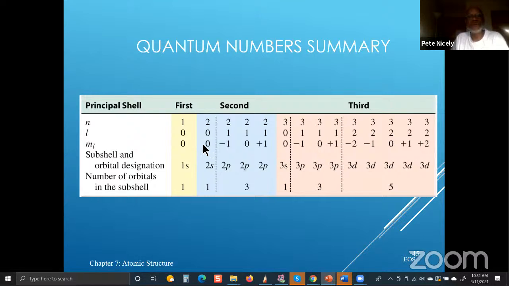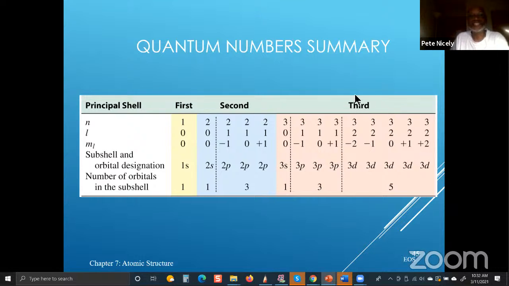And the fact that you have only one ML value here tells you that there's only one type of S orbital, which is designated the 2s orbital. And the fact that you have 3 ML values here tells you that there are 3 types of p orbitals, which are designated 2p orbitals, all right? And if you understand what I described here, then everything else here should make sense.